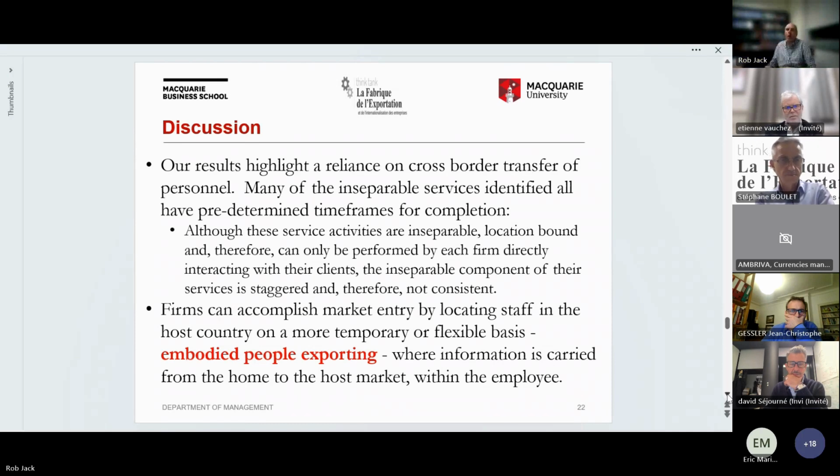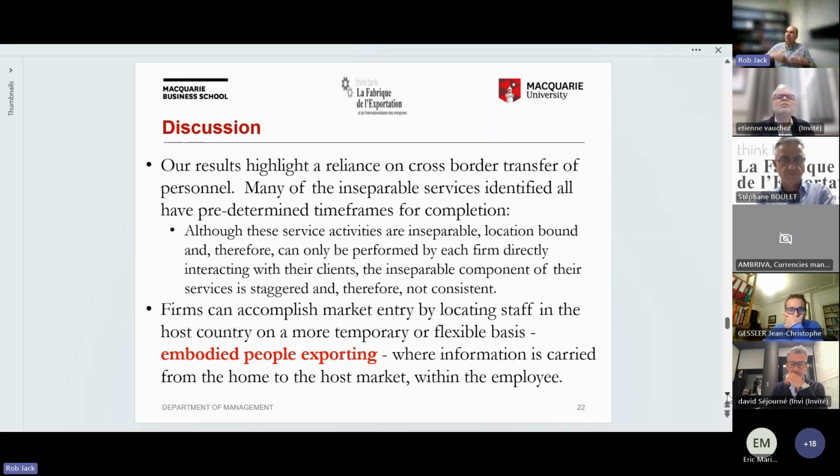To some extent, as I've mentioned, there is a tremendous reliance on the cross-border transfer of key personnel. Many of the inseparable services that they have identified have predetermined timeframes. So yes, the services are inseparable. They have to be delivered directly to the client, but it's possible that this interaction has a start and a stop.